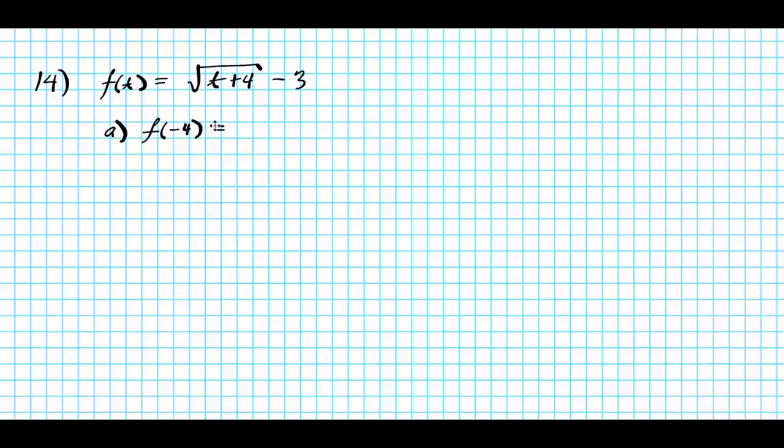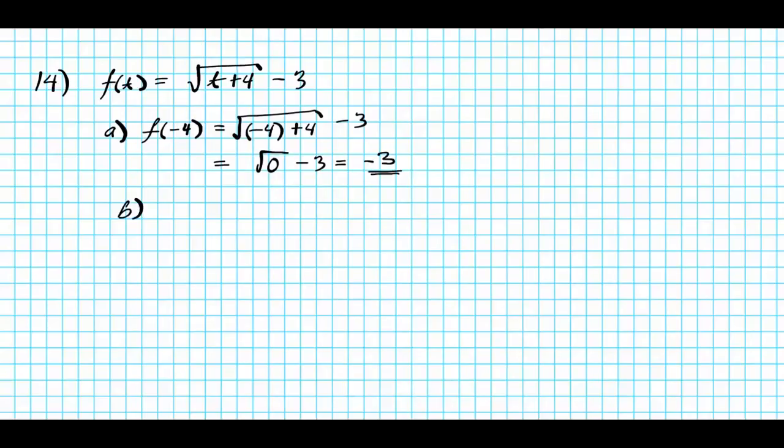So how do we figure this out? We'll simply input negative 4 for wherever t is in this expression to the right. So we have the square root of negative 4 plus 4, square root of that minus 3. Okay, so negative 4 plus 4 is 0, so we have the square root of 0 minus 3. And 0 minus 3, final answer is negative 3.